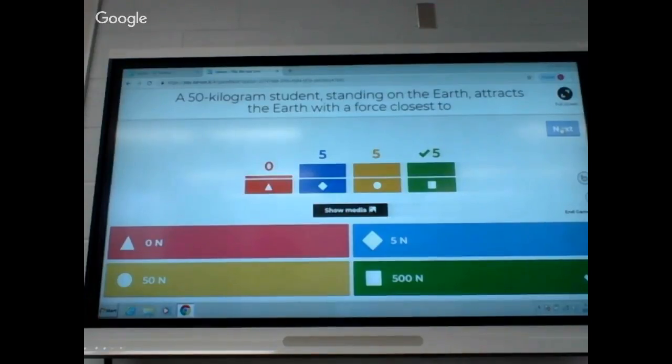So what number is gravity? 9.8. That's why you take the 50 and you multiply by 9.8. Notice how it says the force is closest to it. So I think you get like 490. Okay, so you round up to the 500. Does that make sense? All right.